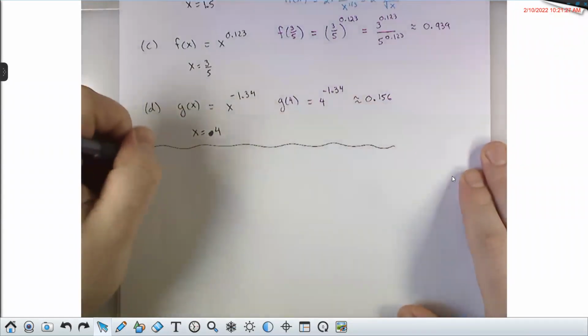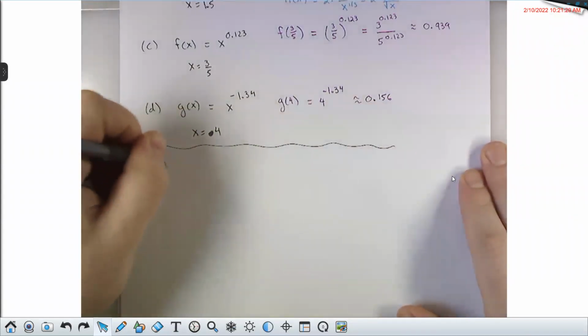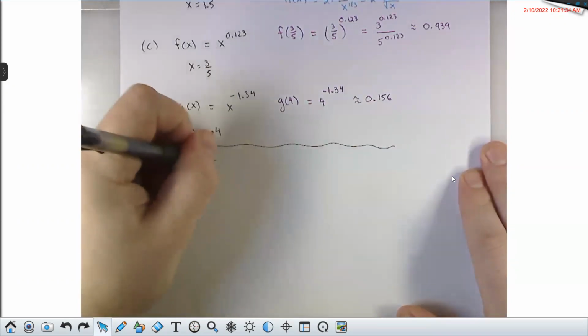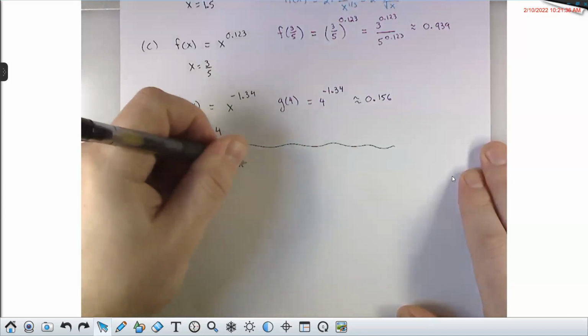So first, let's talk about what polynomial functions are. We're going to study these in detail later.